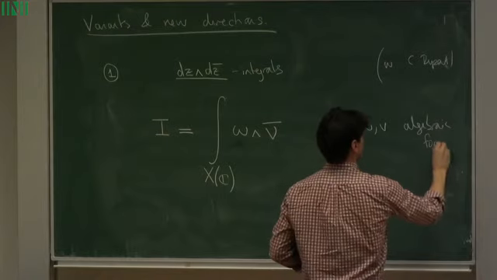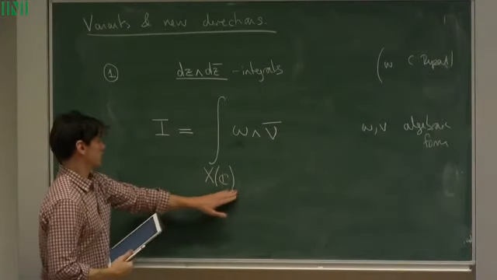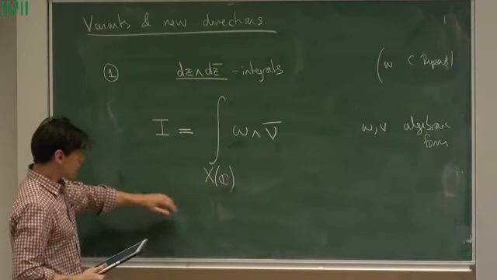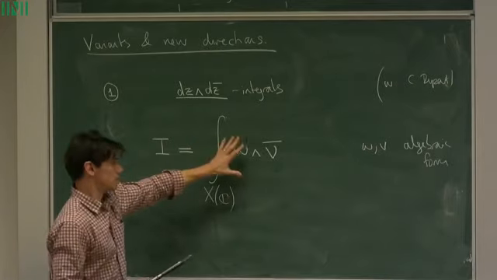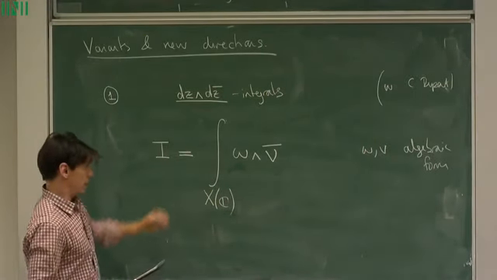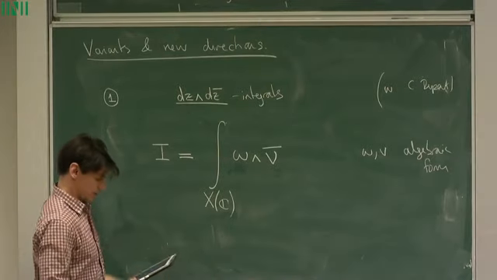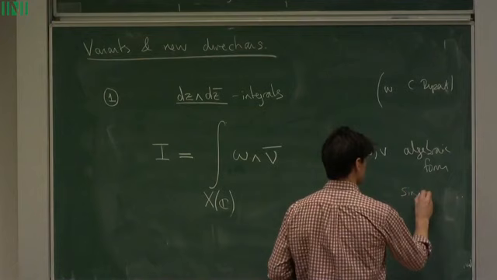Now, of course, when X is projective, and omega and nu have no singularities, then this is something very classical. We see it already in the Riemann bilinear relations, for example, which are proved using this kind of idea. But here we're going to allow them to have singularities.